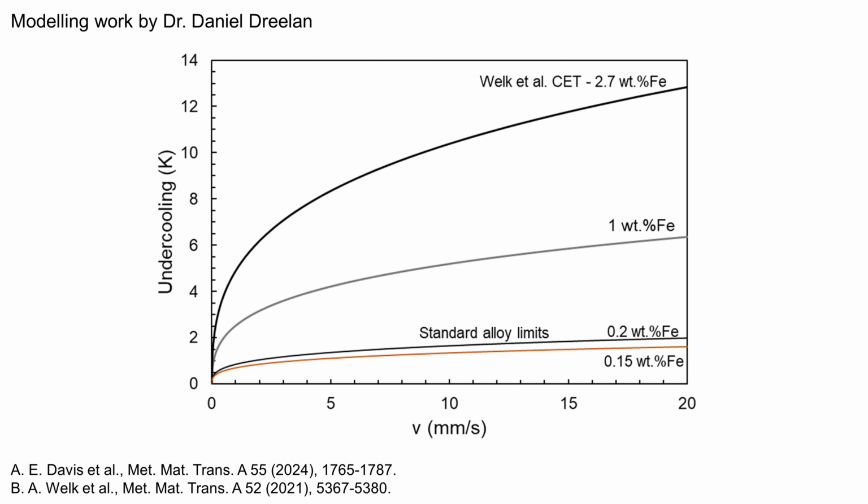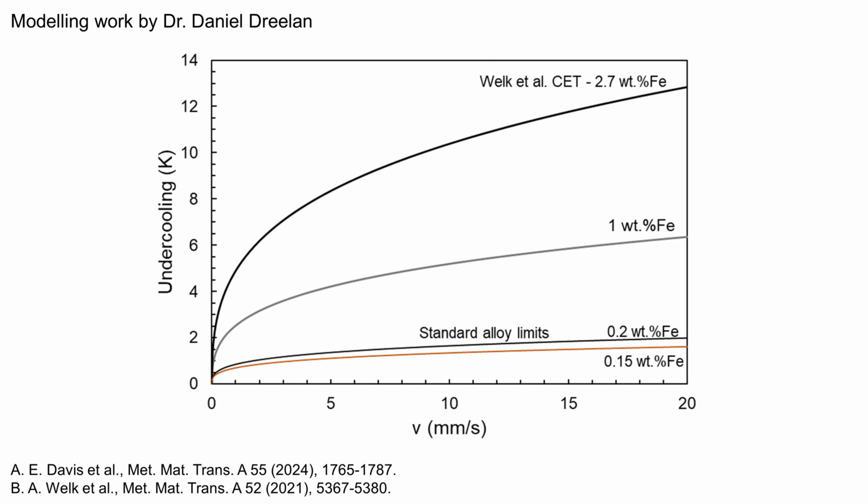This plot shows the undercooling as a function of the solidification rate in millimeters per second up to 20, which is equivalent to the melt pool movement speed and is the practical limit for most directed energy deposition AM processes. We made sure to include standard alloy limits of iron contamination in Ti-6-4, since iron partitions the most strongly during solidification in this alloy. Within the solidification rate range, you can see the standard alloy limits for iron produces a very low undercooling, about 2 Kelvin.